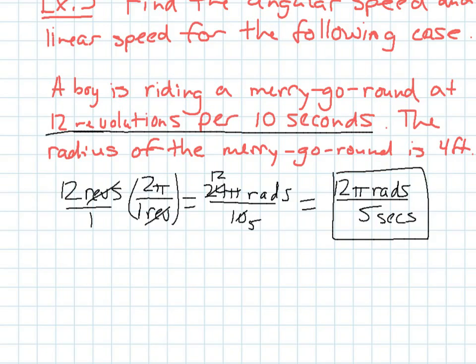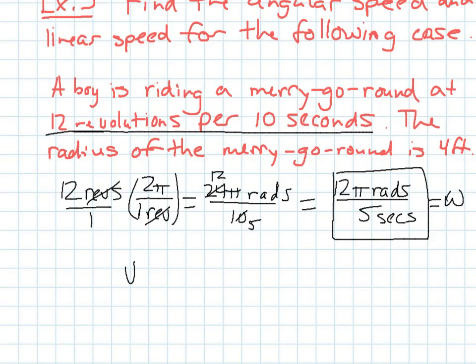So I'm done with the first part of this example. Then I need to find linear speed. Like I said before, you can do it one of two ways. You can use your arc length divided by time, which means you have to go back and use the arc length formula. Or you can just take radius times omega, which is what your angular speed is represented by.